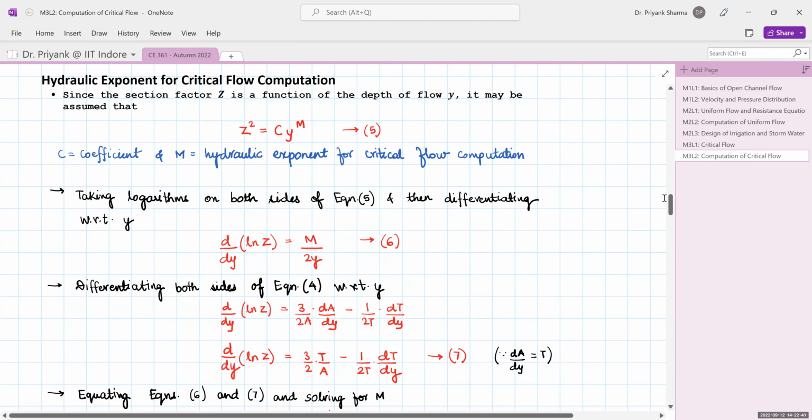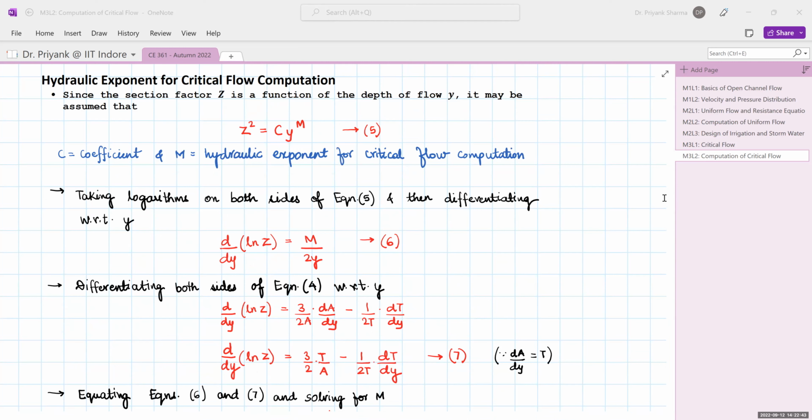Now, using the section factor as a function of flow depth, it can be expressed as Z square is equal to C y raised to M. Your M is your hydraulic exponent for critical flow computation. Now let us take the logarithm of equation 5. We differentiate the equation on both sides with respect to y. So we get d by dy of ln Z, that is M upon 2y.